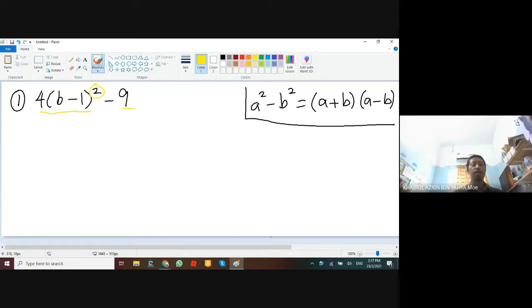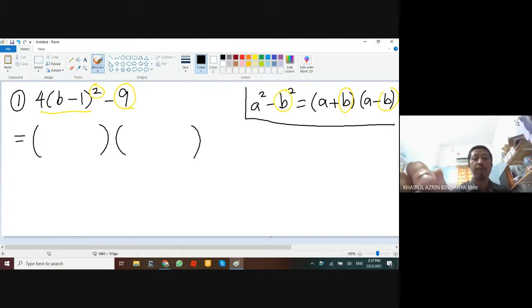Okay, so this type of question we can do like this. We can write 2 brackets. For the B part, we can take from this number 9. So 9 is a perfect square. We can write as 3, 3.